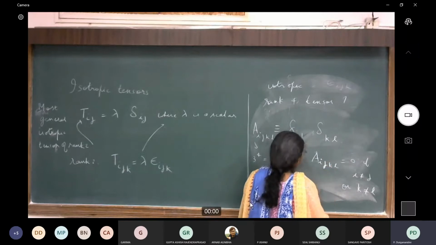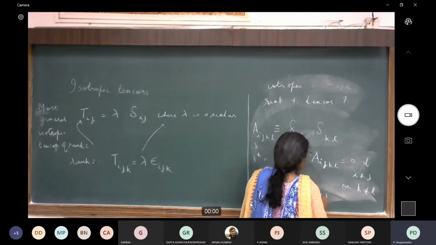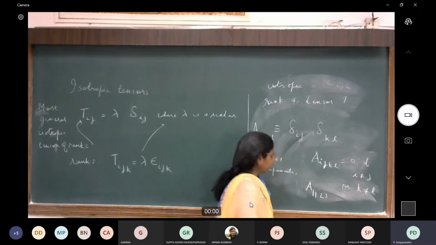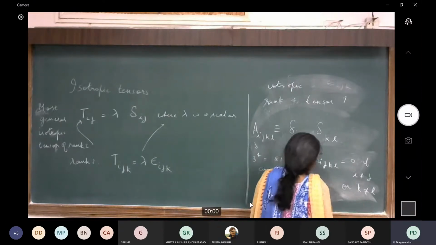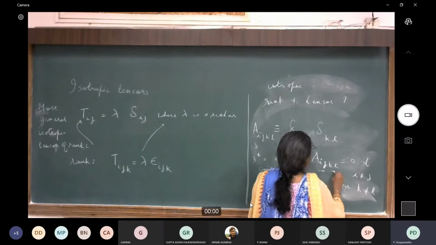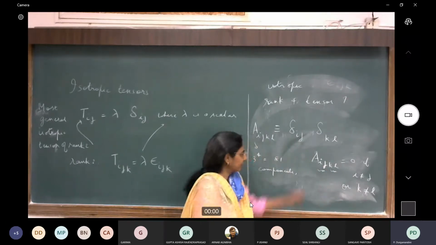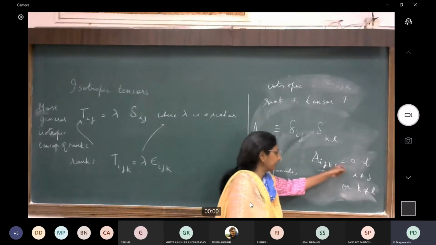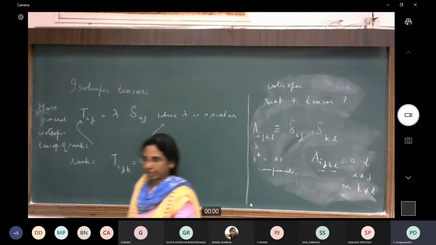So now let me ask you about this. What it tells me is that the first two indices must be the same and the second two indices must be the same.